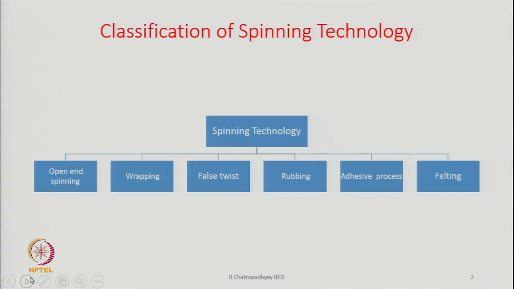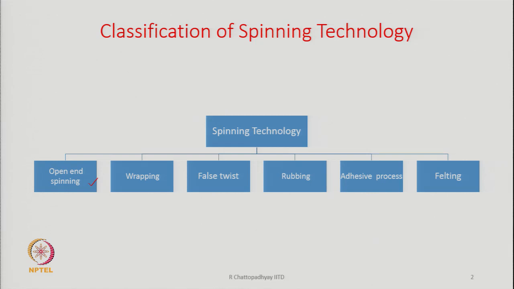Now, in this particular course, we are going to learn new spinning technologies. Let us first see what are the different technologies that we have. First one is open end spinning.